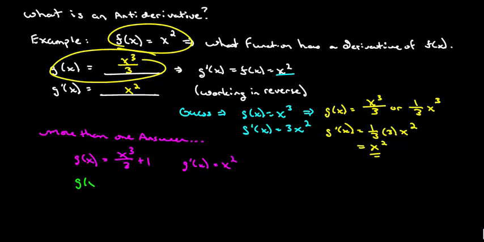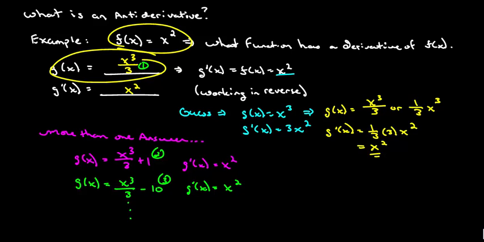Or what about this one right here? Well, if you differentiate that, again, you get x squared. So these over here are two more antiderivatives. So we have one of them here, we've got two of them here, and here's the third one. And in fact, if I just add or subtract any number I want, put a constant at the end, then I get an antiderivative.